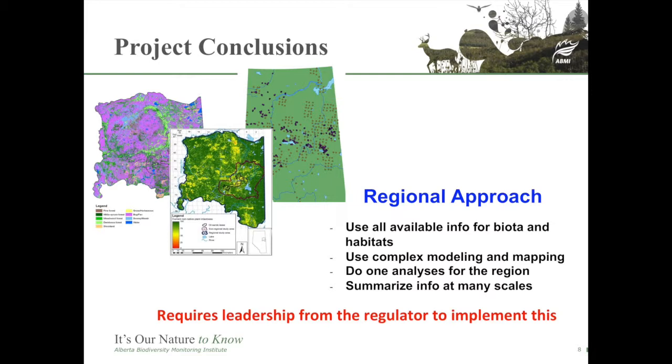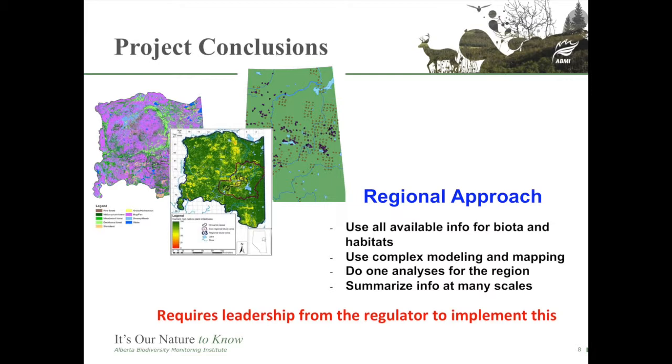It is quite possible to use existing data to do that analysis, make the prediction for the broad area, and if you wish, you can drill down to any particular spot within that area. So you can summarize the information and talk about cumulative effects at a variety of scales. This is quite possible to do. It's not a gimme in that it takes a fair bit of effort by people to do it, but it's quite possible to use our existing information to make it happen.